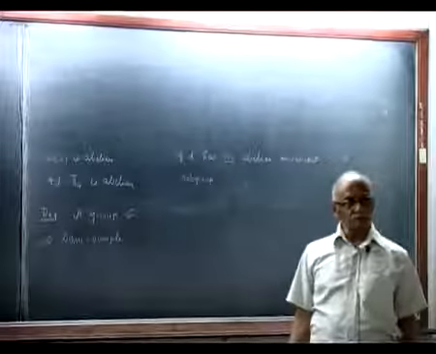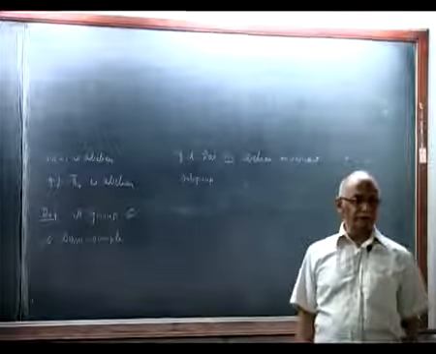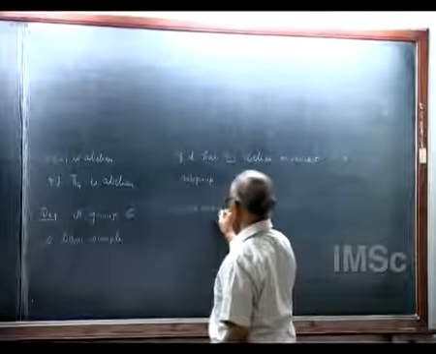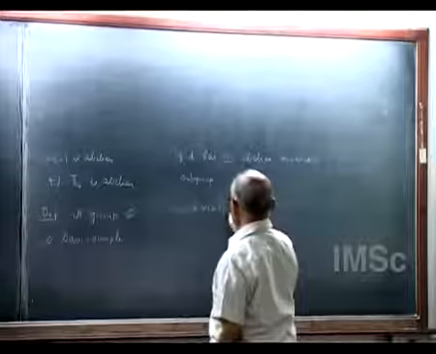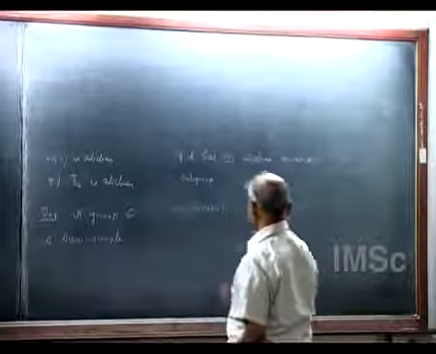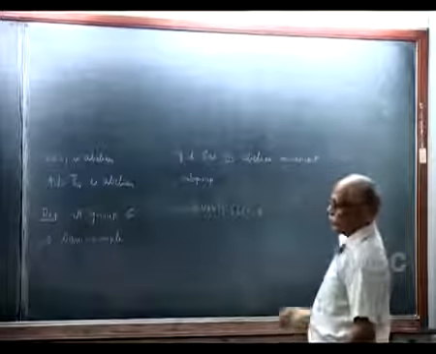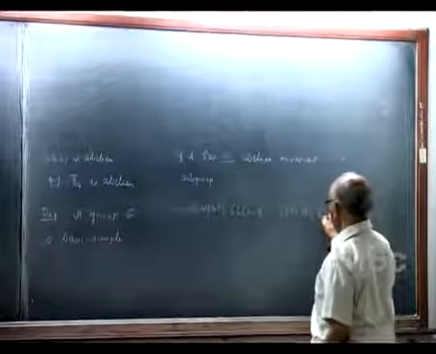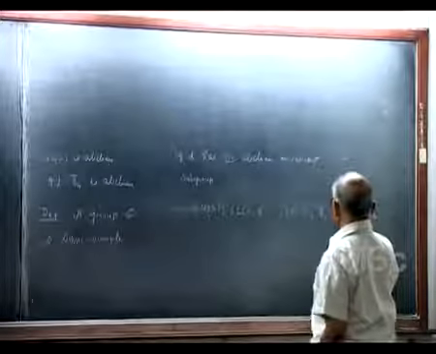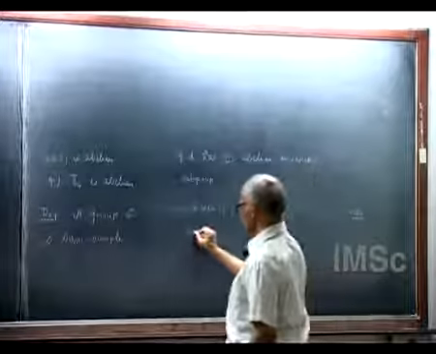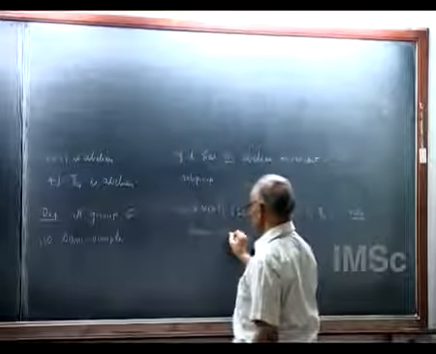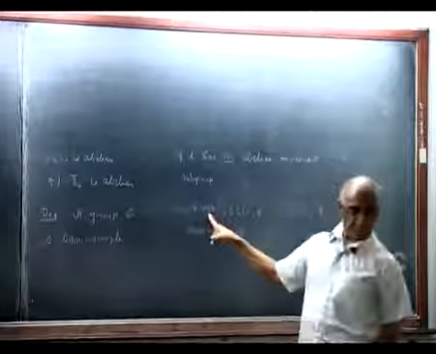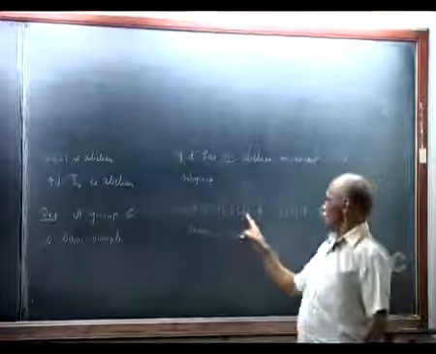It is semi-simple if it has no abelian invariant subgroup. Okay. So, for example, SU2, say SL2C, or even SO2, T4 are not semi-simple, right? Here the invariant subgroup is abelian in all these cases.